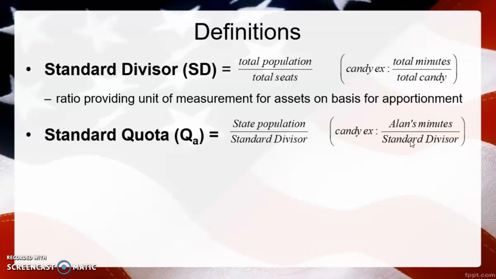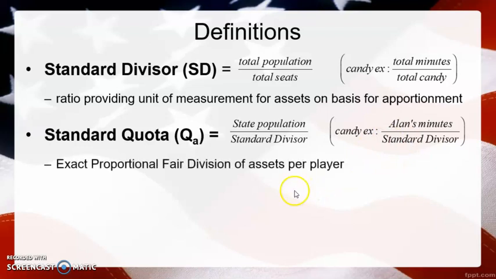It's another way of determining the proportionate number of pieces of candy that Alan should get. And so this one is nice because once we have the standard divisor, we can simply do one division problem to find out everybody's standard quota, as opposed to having to set up a proportion in each case.